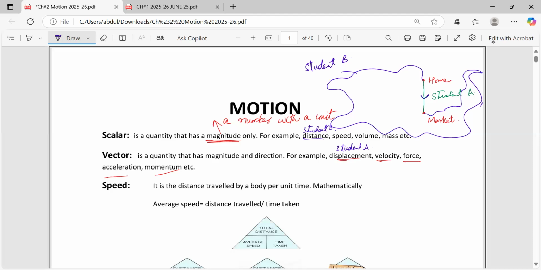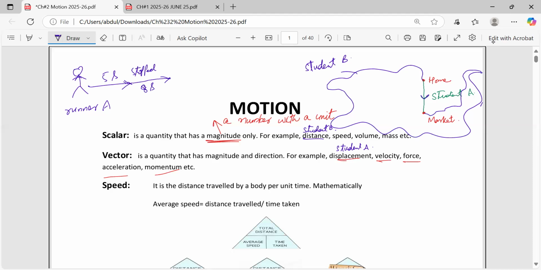To understand it further, see, there is a runner. He runs forward for 5 seconds. Then he stops here for some time. And then again he runs forward for 8 seconds, and he reaches over here.